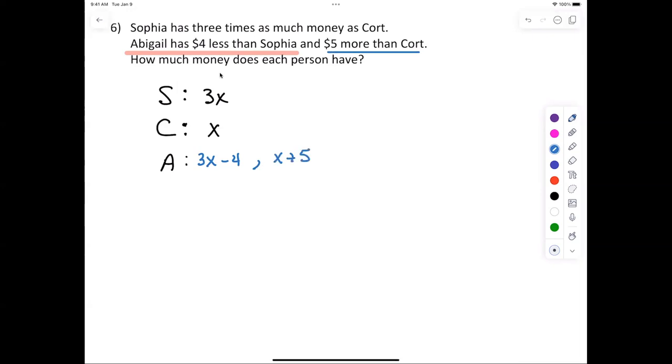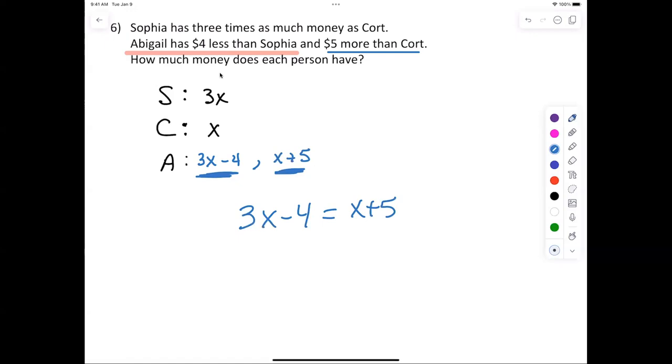All right, so Abigail has 4 less than Sophia, and she has 5 more than Court. Can she have 2 different amounts here? No, they are equal amounts, right? So now we can say 3x minus 4 is equal to what? x plus 5.